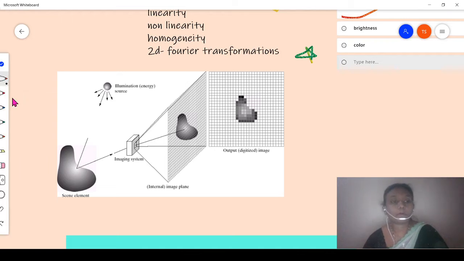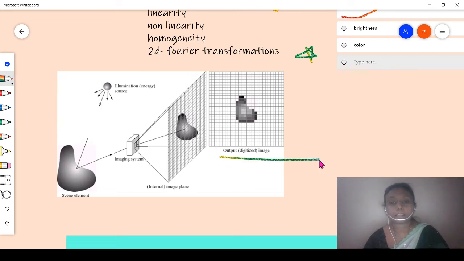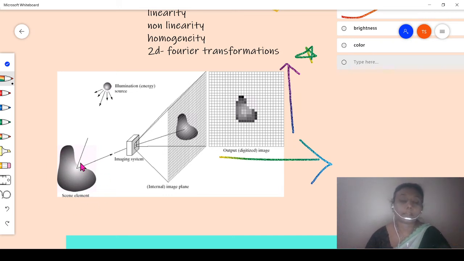And we all know the x-axis and the y-axis of a plane. This is the x-axis representation and this is the y-axis representation. And actually the image is captured, this is the original image for example, and the image actually is in a 3D scene.